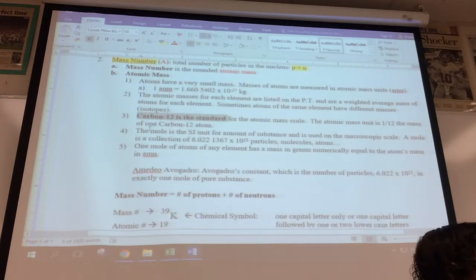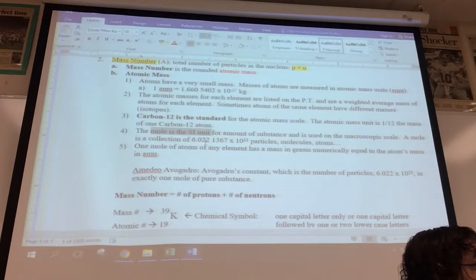We talked about the mole briefly in the introductory chapter, and we said that 1 mole is 6.02 times 10 to the 23rd particles. And we will use this conversion in great detail later in the year. Not something you have to concern yourself with either.